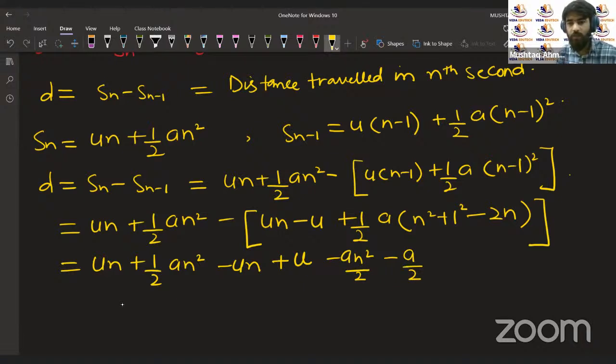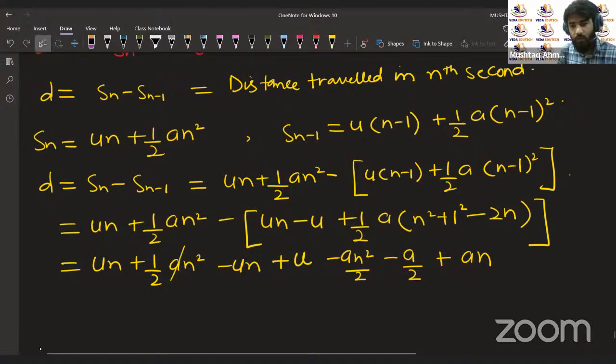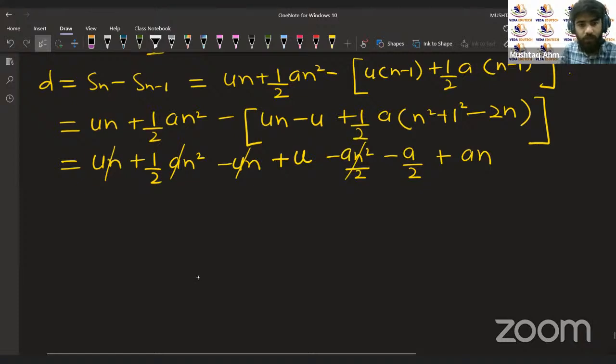Then finally we'll be left with plus an. So plus half an square will go and minus half an square will also cancel out. Un plus un, this will also cancel out. We'll be left with u minus a by 2 plus an.